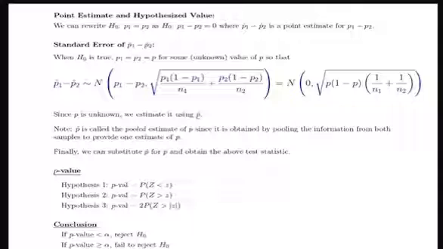The point estimate is p-cap 1 minus p-cap 2, which follows a normal distribution. What if I ask you in the exam: what is the distribution of the difference of 2 sample proportions? It follows a normal distribution with mean P1 minus P2, with no cap, and that has a standard error. Take a look at that.